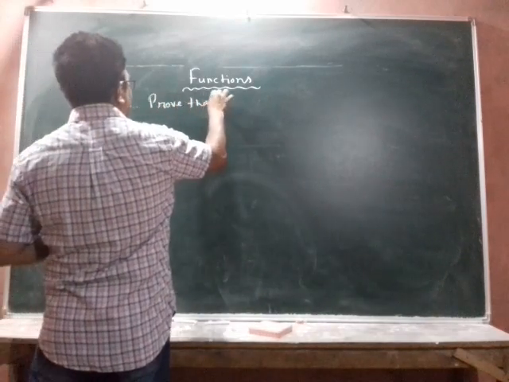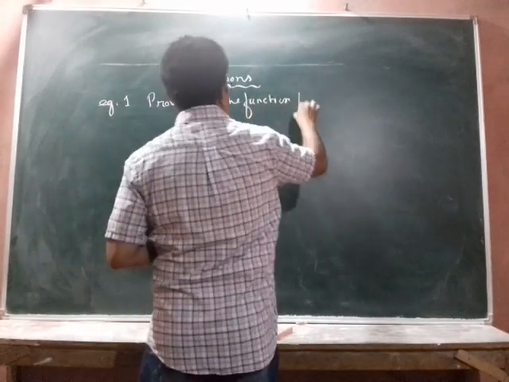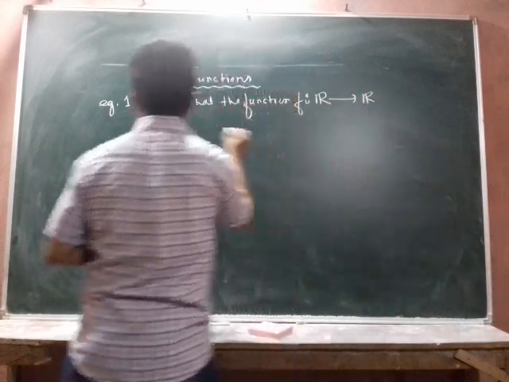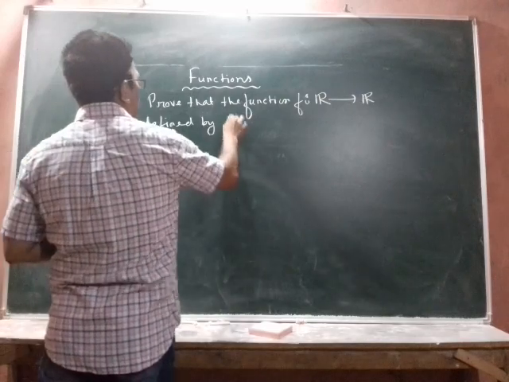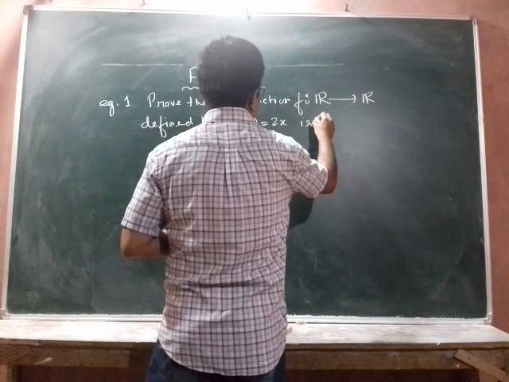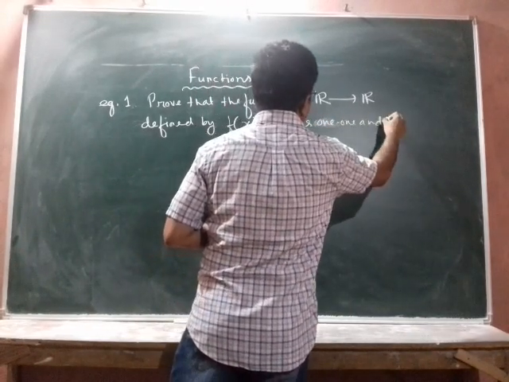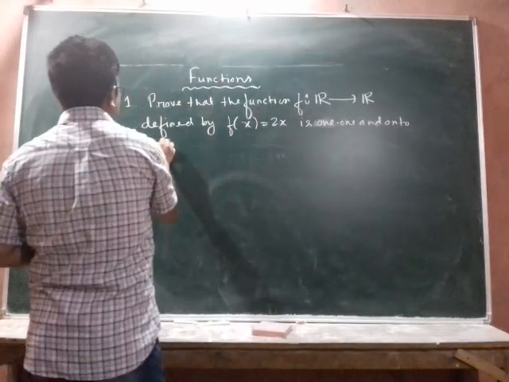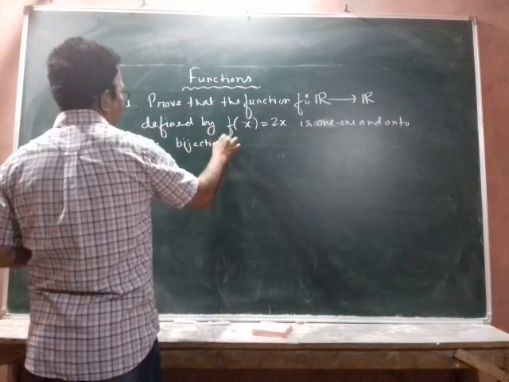Prove that the function f from real numbers to real numbers defined by f(x) = 2x is 1-1 and onto, or simply bijective.